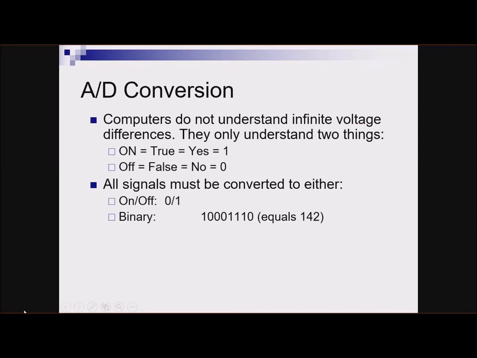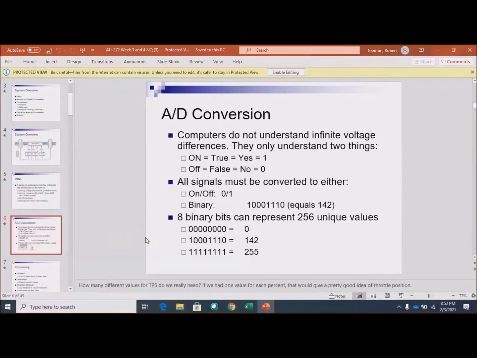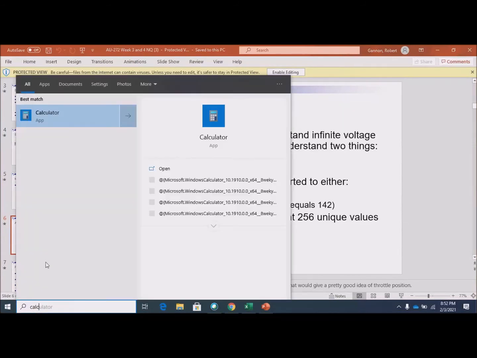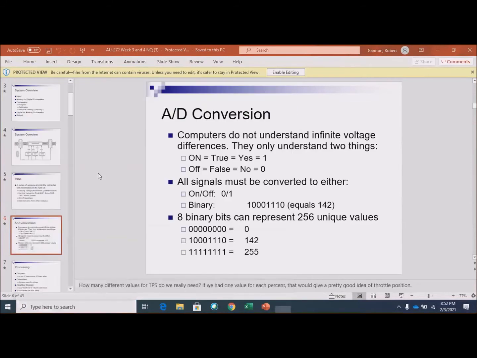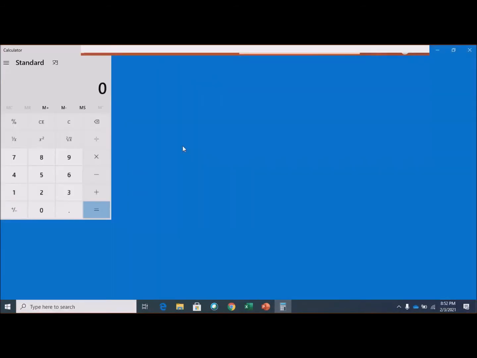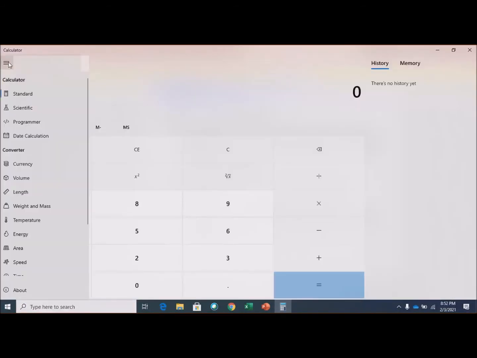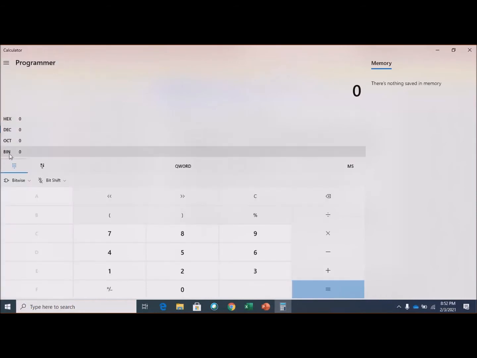Let me give you an example. Let me bring up the calculator. Notice it says standard. I am going to switch it to programmer. Let me type in the number 50.